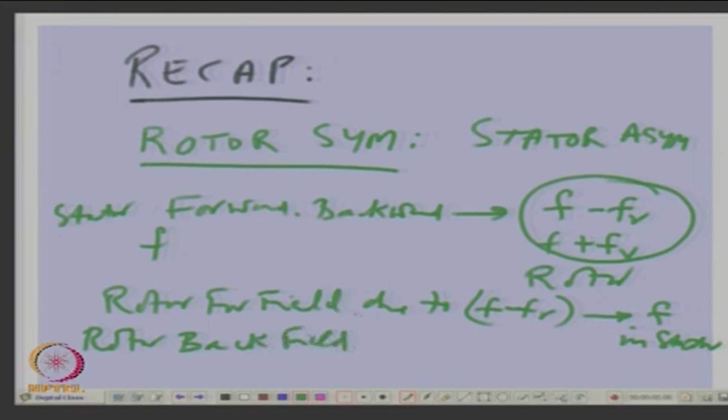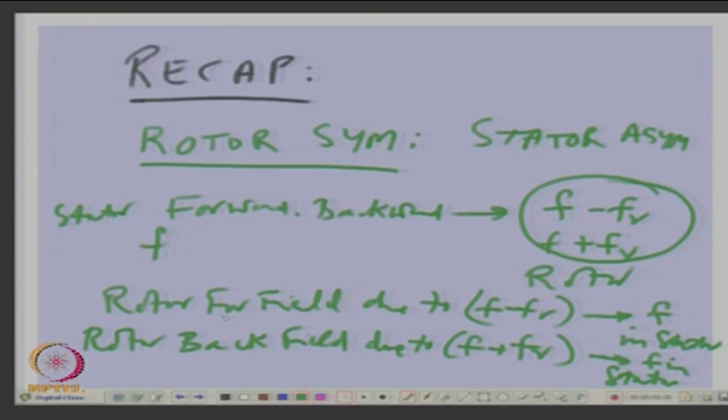That is due to f plus fr frequency, but that will be a negative sequence, because that will be due to the backward field, and those currents will be a negative sequence, meaning it will be rotating backward, and that will be in synchronism with the inducing field, which will only result again in f in the stator, is it not?